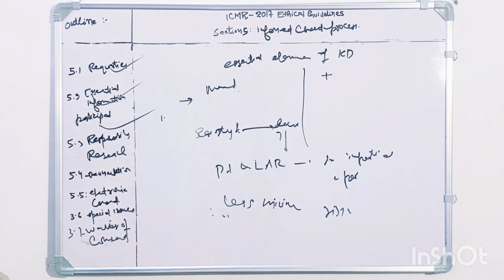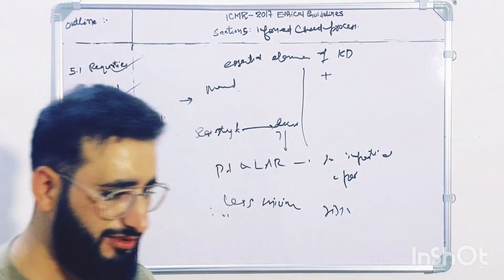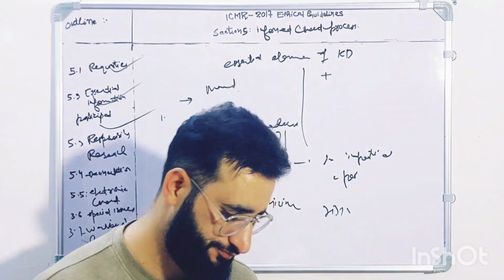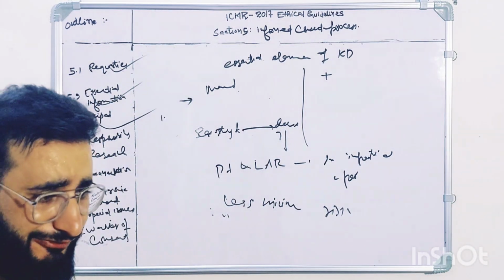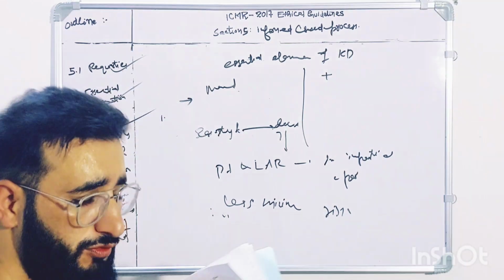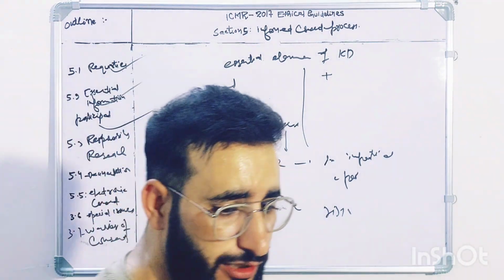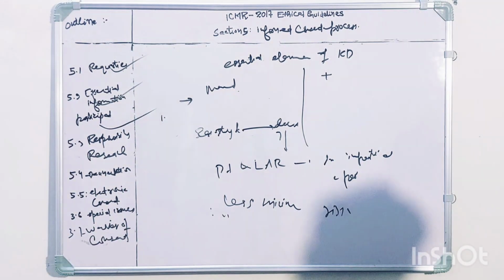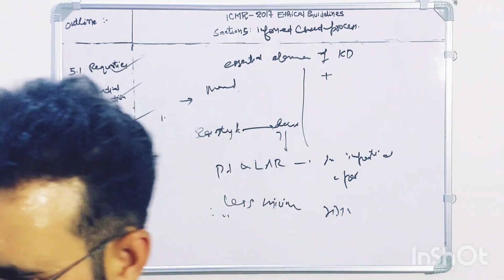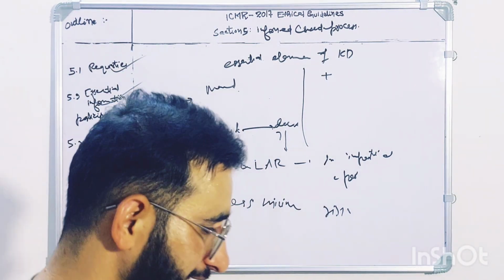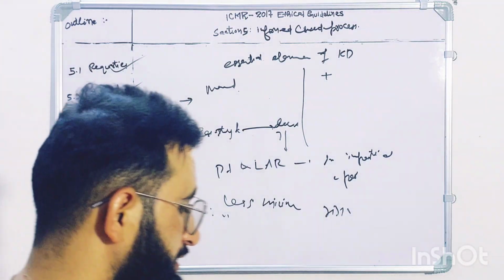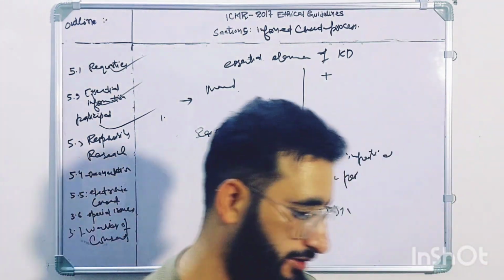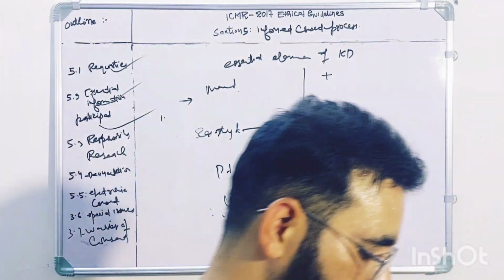But the research is important, and in these cases true informed consent cannot be taken. If we take true informed consent, it may lead to modification in the study design. In these situations, we can use deception.